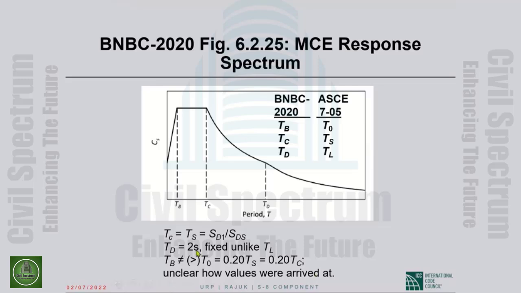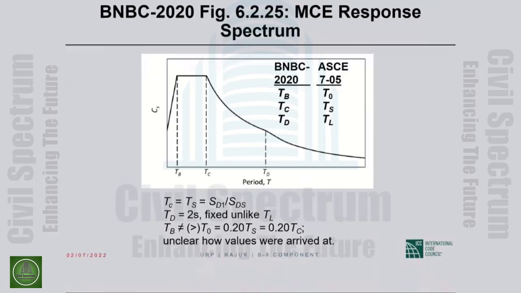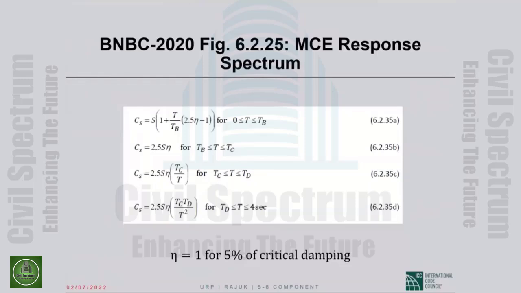T sub 0 is equal to 20% of T sub S, and T sub S is equal to T sub C. But T sub B is not equal to that. T sub B is typically greater than that. And how the T sub B values were derived, I do not quite know. But I did want to present this to you. Okay, the comparison between the two.